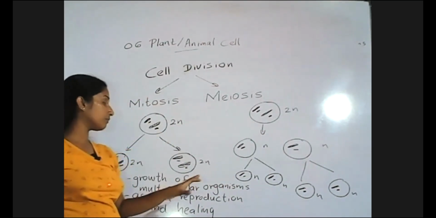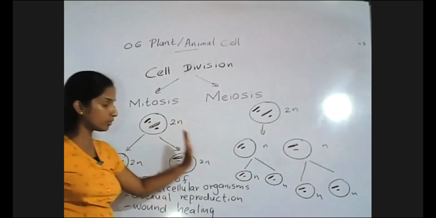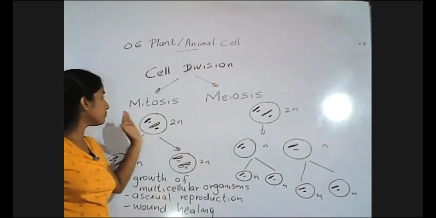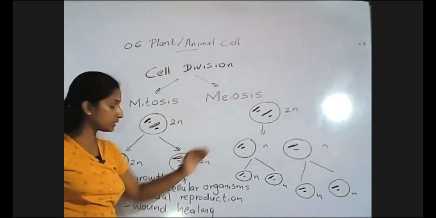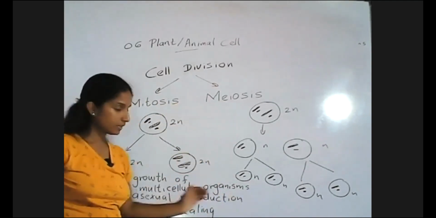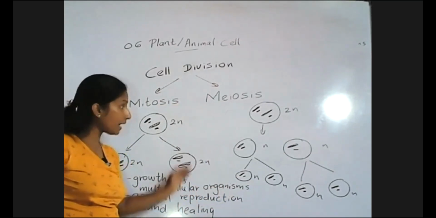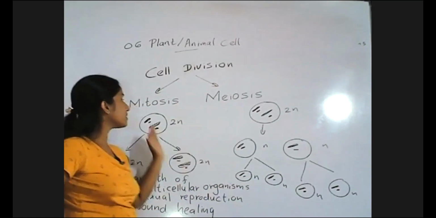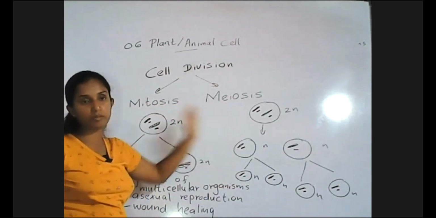There is a nice table given in your textbook. So draw the two sketches for mitosis and meiosis. Just below that, write the examples, that means where these divisions take place, and the comparison between mitosis and meiosis.